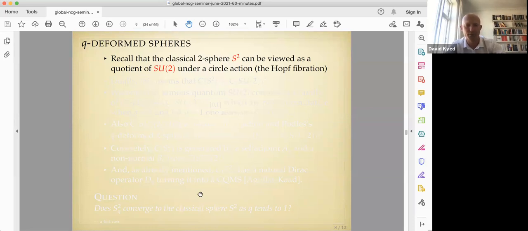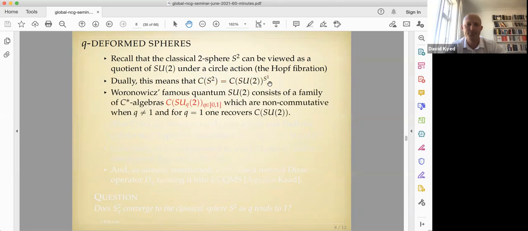You probably all know from a topology class that you can view the two-sphere as a quotient of the three-sphere, or the quotient of SU(2) under a circle action. This is the Hopf fibration. And if you're a non-commutative person, you will right away see that this dually should be thought of as the continuous functions on the two-sphere being a fixed point algebra of the continuous functions on the SU(2) group under the corresponding circle action.